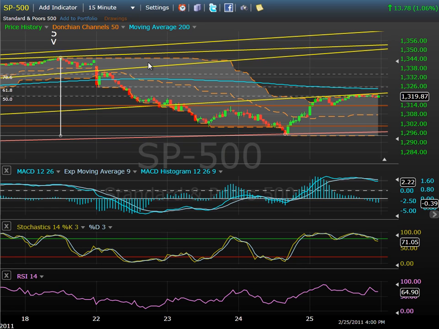At any point where we get a push well beyond the 78.6% retracement, then we have to have a really good reason to believe that the wave structure suggests we're in a counter trend bounce or in a correction. Okay?